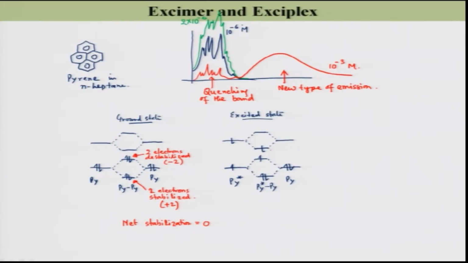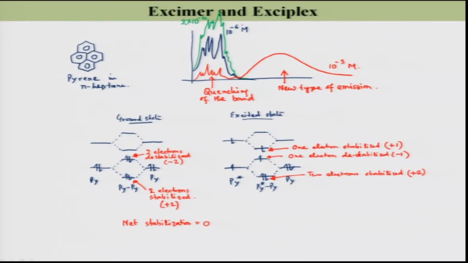However, in this case you see here 1 electron is stabilized, so I will write +1, here 1 electron is destabilized, so I will write -1, and this one 2 electrons are stabilized, so I will write +2.